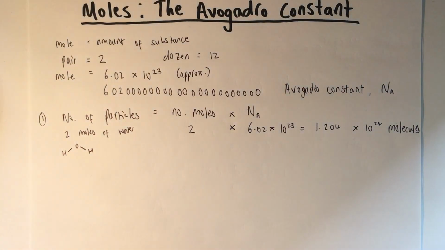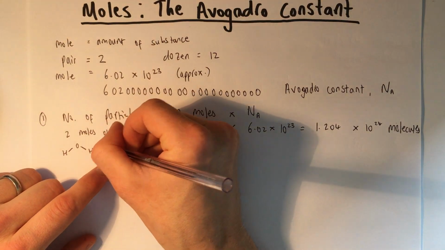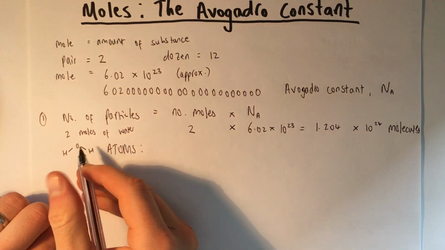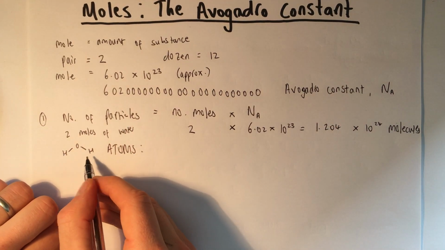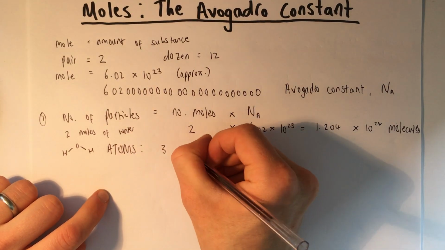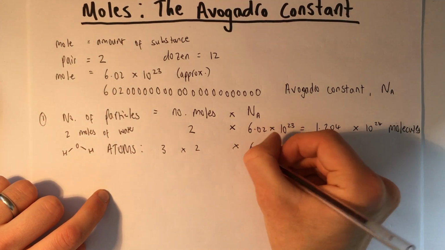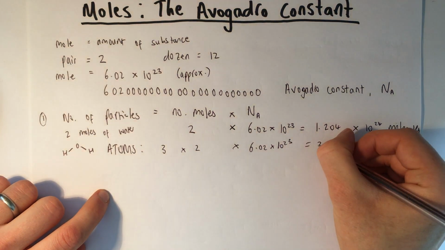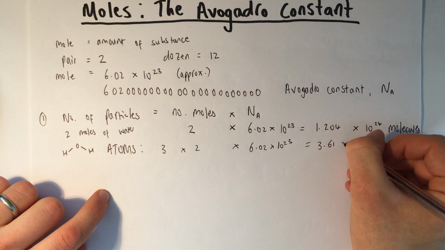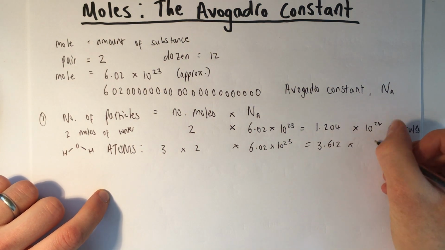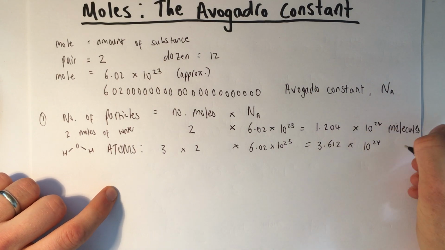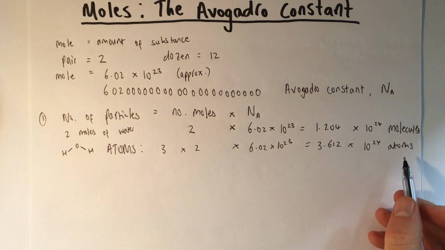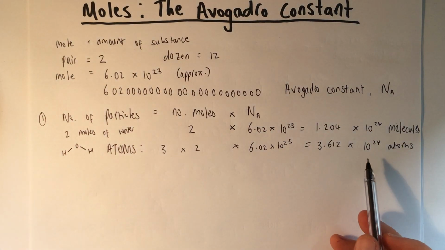If I wanted to know the number of atoms, then we've got to realise that there are 3 atoms in every molecule of water, so it'd be 3 lots of that. And the answer to that one is 3.612 times 10 to the 24. So that's the number of atoms in roughly a mouthful of water.